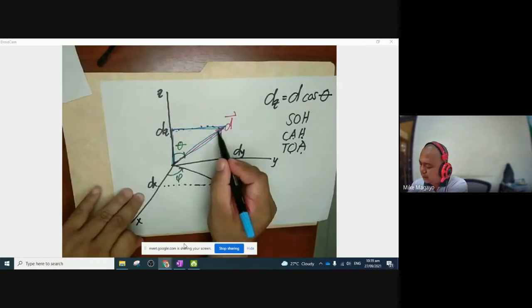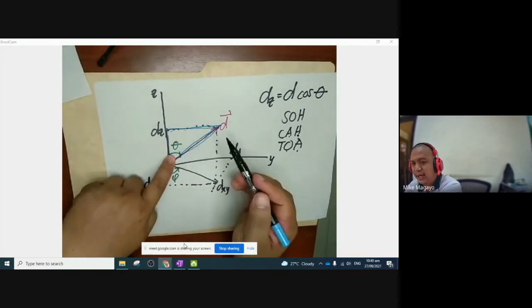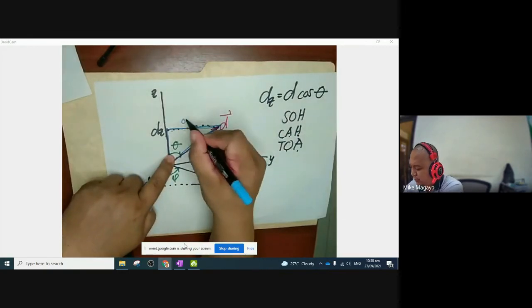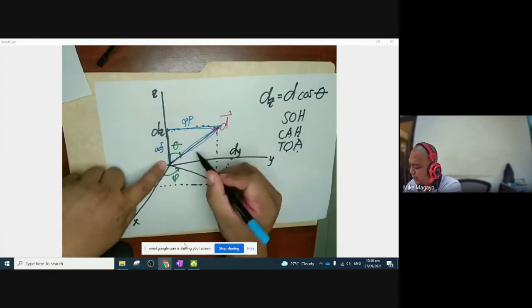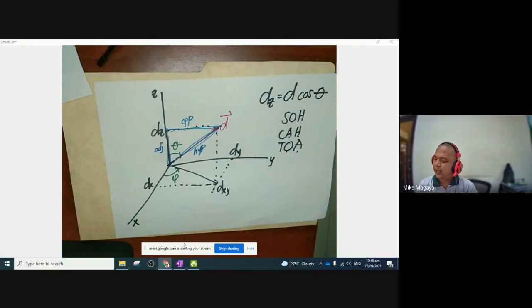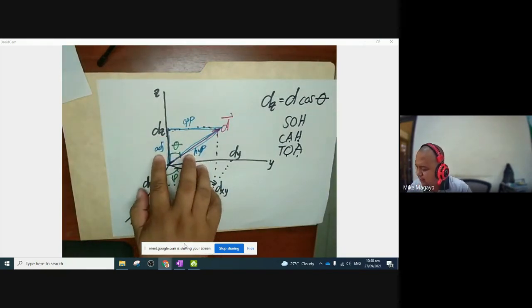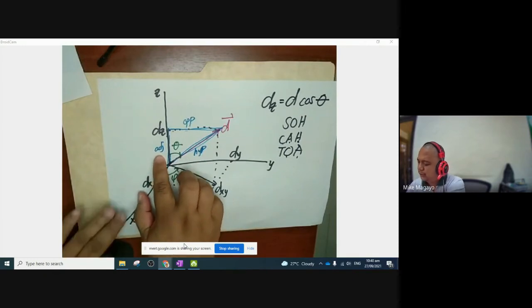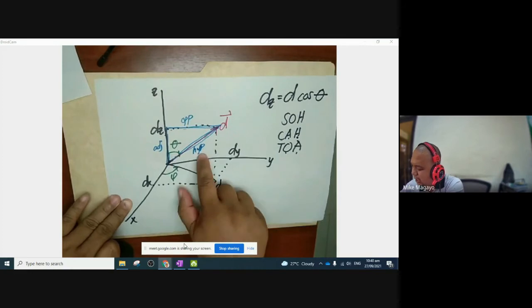Now, if this is the angle, this side must be the opposite, this must be the adjacent, and that's your hypotenuse side. Our concern is to determine dz, which is the adjacent, and the values we have so far are just the adjacent and hypotenuse.